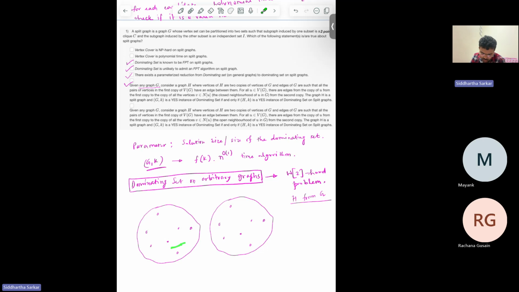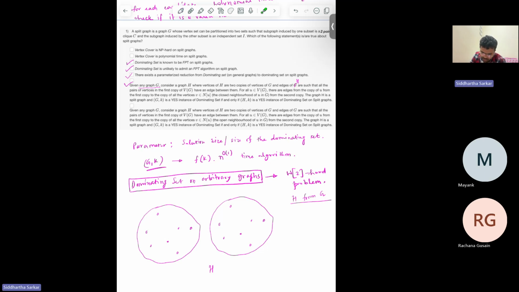So first you make two copies of the vertices of G. The edges of G are such that, so it should be edges of H. I think it should be edges of H. So now we have to define what are the edges in this graph H.